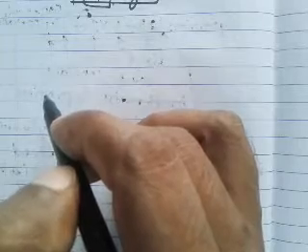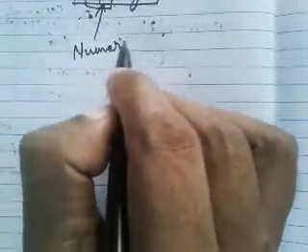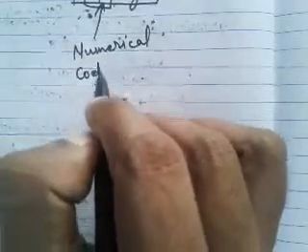Suppose that at this time we have 46 x square y. What constant is involved in this algebraic term? This constant is called the numerical coefficient.